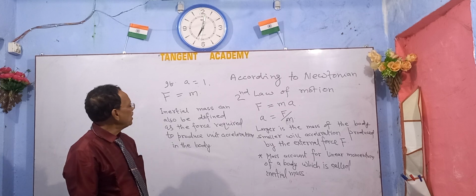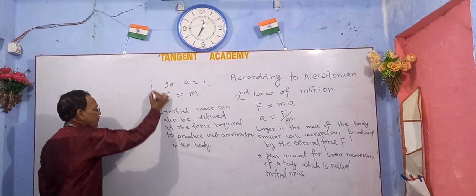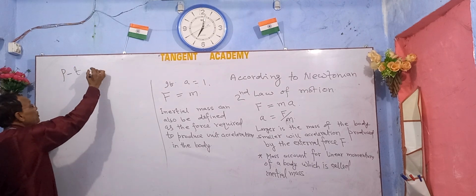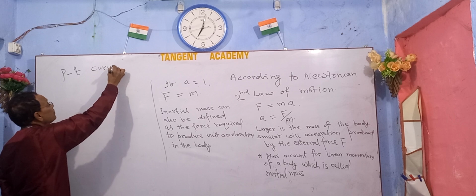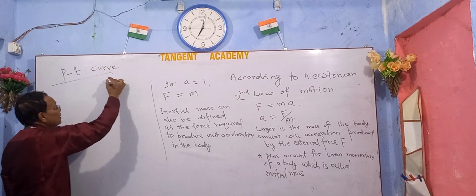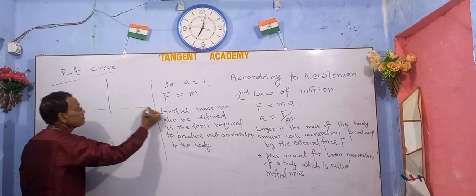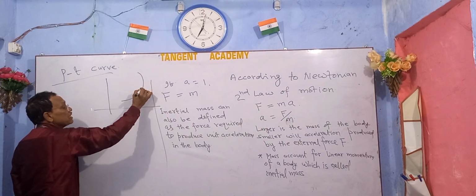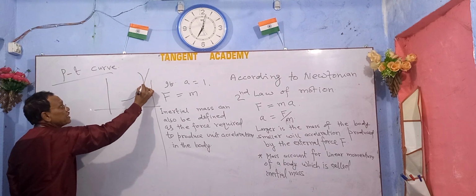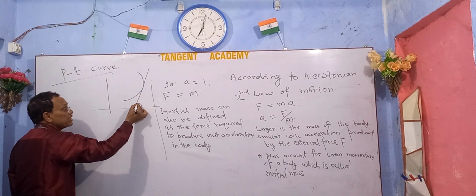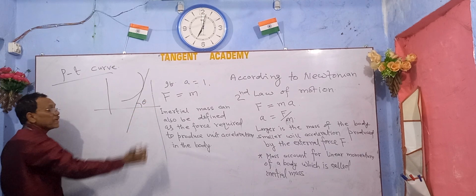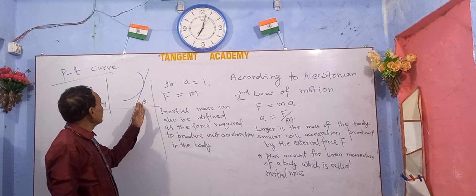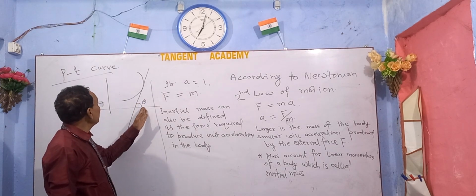Now I will talk about the momentum-time curve, the PT curve. Let us draw the axes. Suppose at any point on the curve there is a tangent whose inclination is theta, the angle made in the anti-clockwise direction, which is taken as a positive angle.